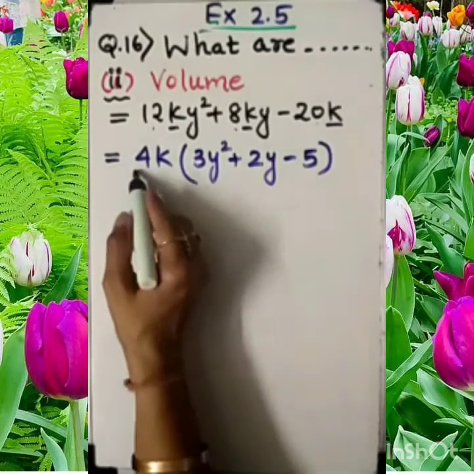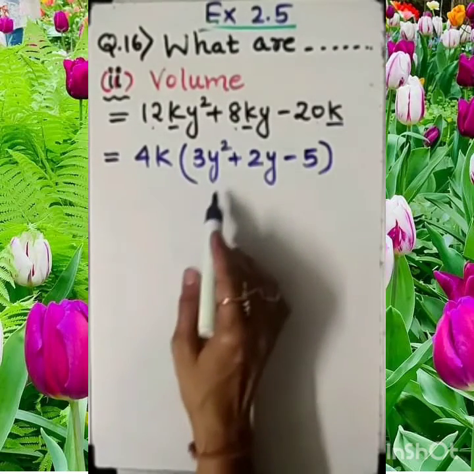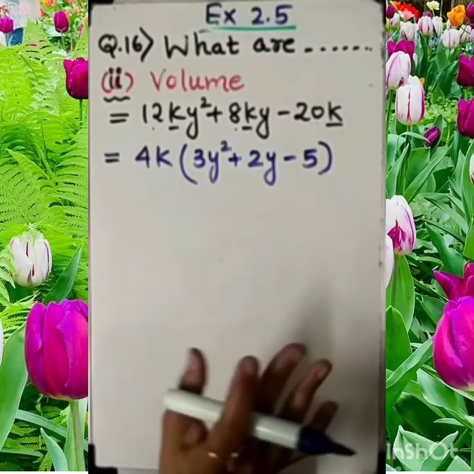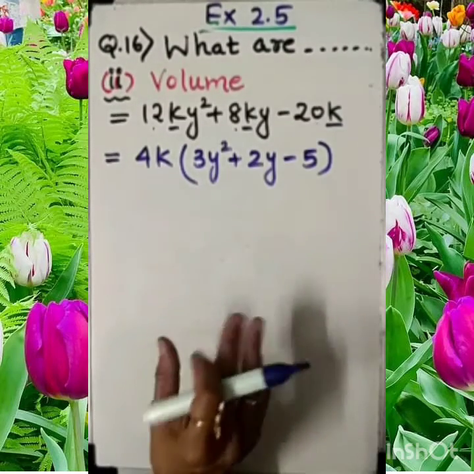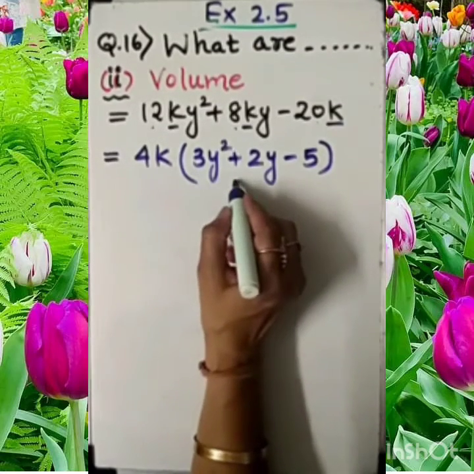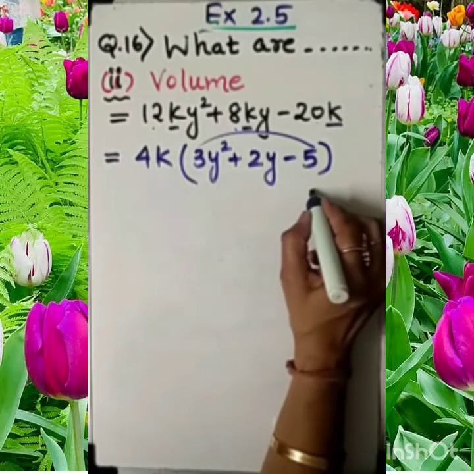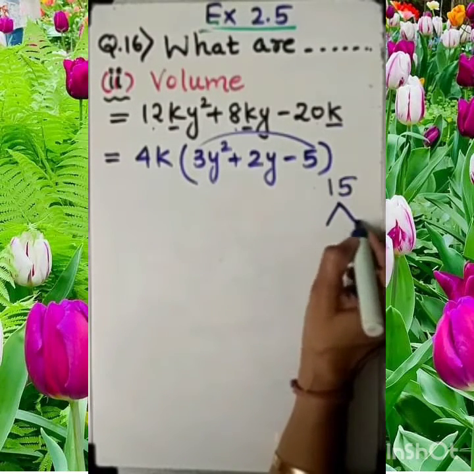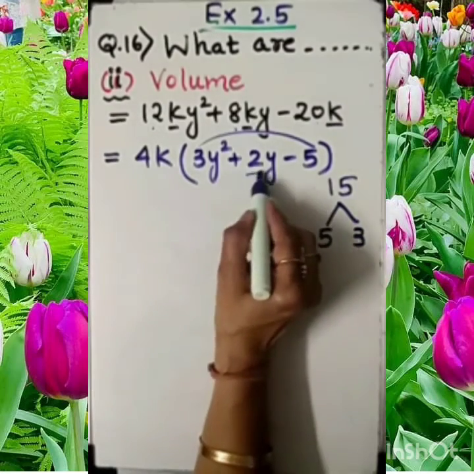Now for this it's okay, understood, but what to do with this? How to factorize this? This is the factorization chapter we are learning, and this is the last question of question number 16, the second part. In this we need to factor with the factor of 3 into 5. We know 3 fives are 15. The factors of 15 split in such a way that their difference should be plus 2.